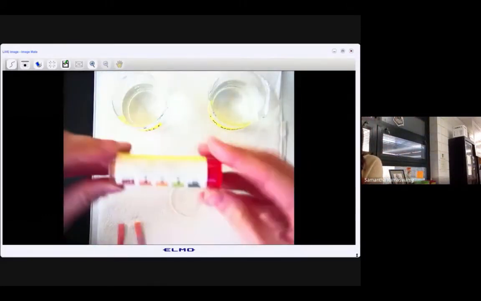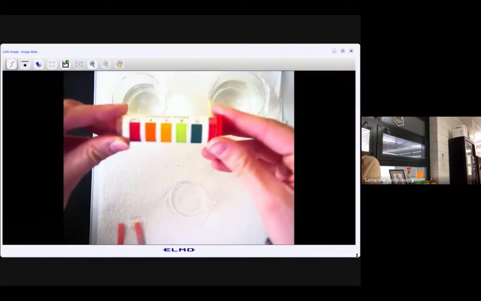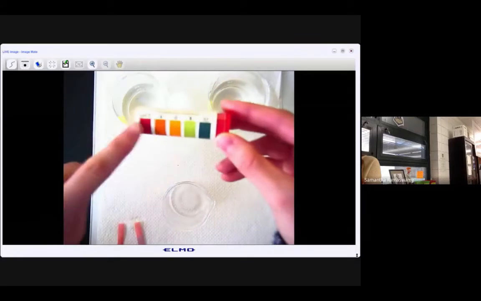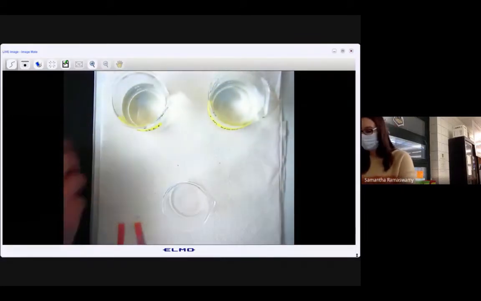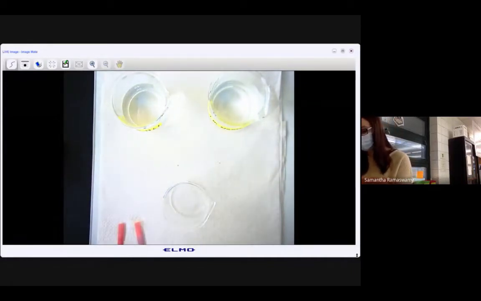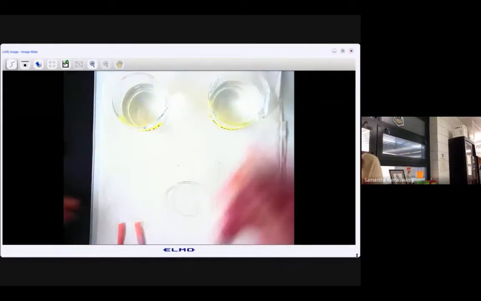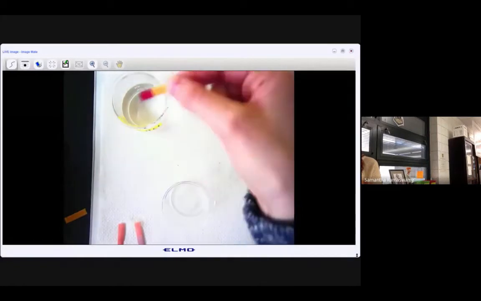We also have pH paper. So pH paper comes in a vial and it has these different colors that tell us approximate pHs. So with the pH paper, I'm going to rip it in half to save my fingers. What I can do with the pH paper is dip it into the acid.